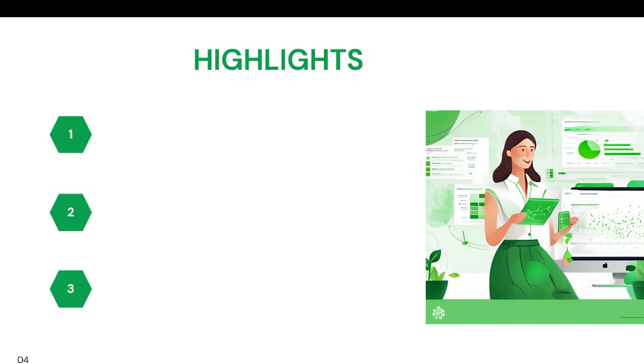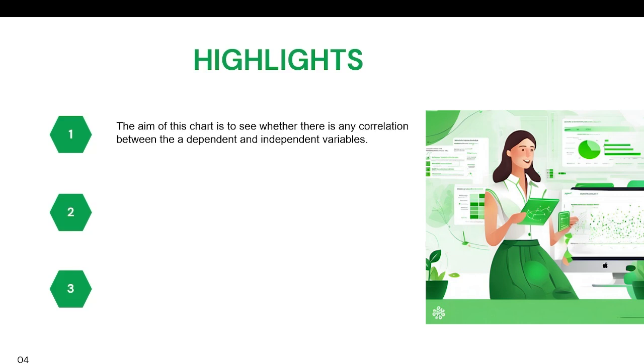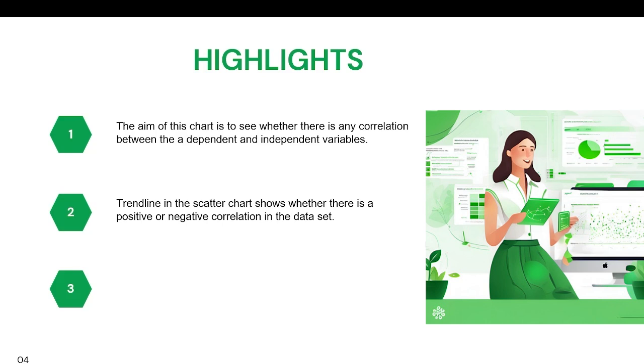Let's understand the highlights of the scatter plot along with the trend line. The aim of this chart is to see whether there is any correlation between the dependent and the independent variable, that is the kilometer distance versus the travel time in hours. The trend line in the scatter chart shows whether there is any positive or negative correlation between the data.